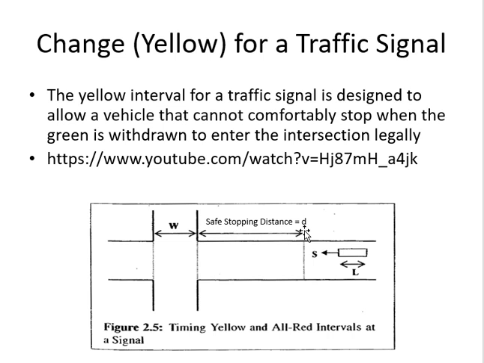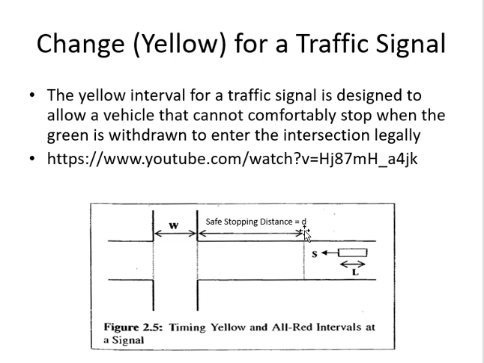He can stop within distance D, right? So he is exactly at distance D and he reaches the stop line, he can stop, no problem. So yellow time is just enough for him. Anybody who is behind him, the signal should become red before he reaches the stop line, right? Anybody who is in front of him, he will cross during the yellow. Clear?